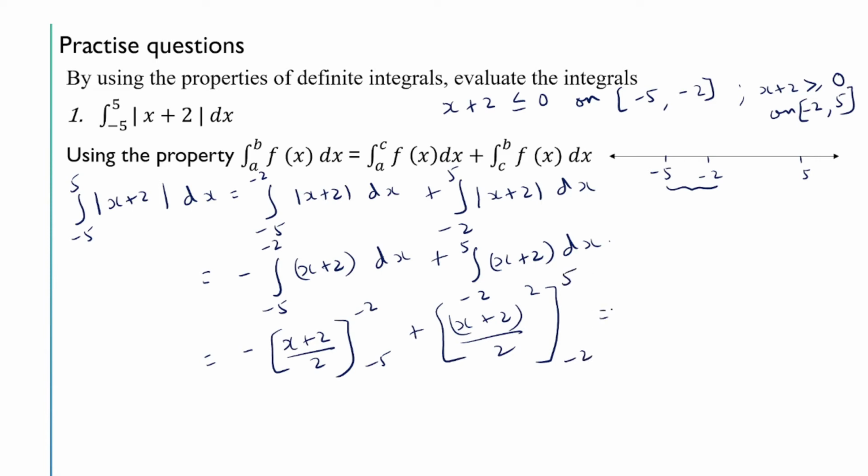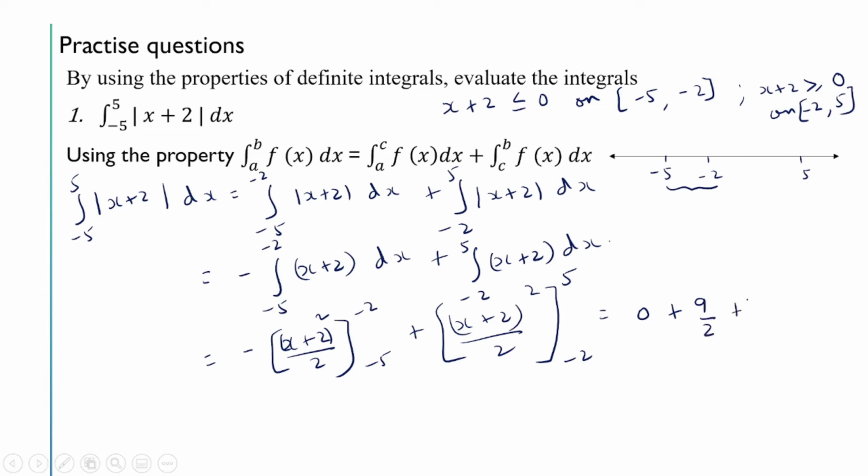When we substitute the upper limit, we get minus 2 plus 2 by 2, so it is 0. Then minus of minus is plus. When we substitute the lower limit, we get minus 5 plus 2, it is minus 3. So minus 3 the whole square is 9 by 2.